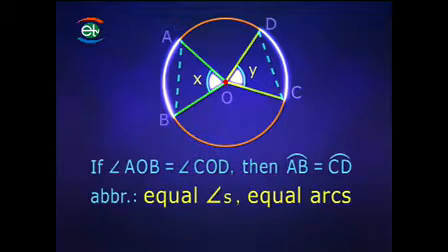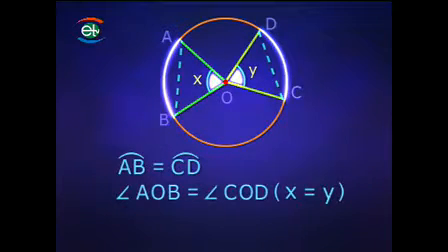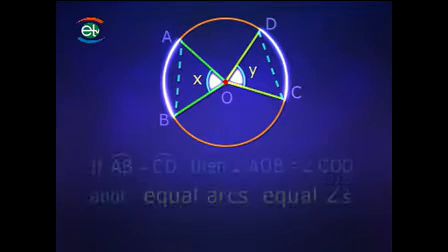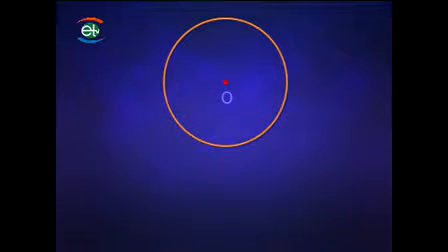The theorem is equal angles, equal arcs. The converse theorem of this theorem is equal arcs, equal angles. When there are equal angles at the center, they stand on equal chords.